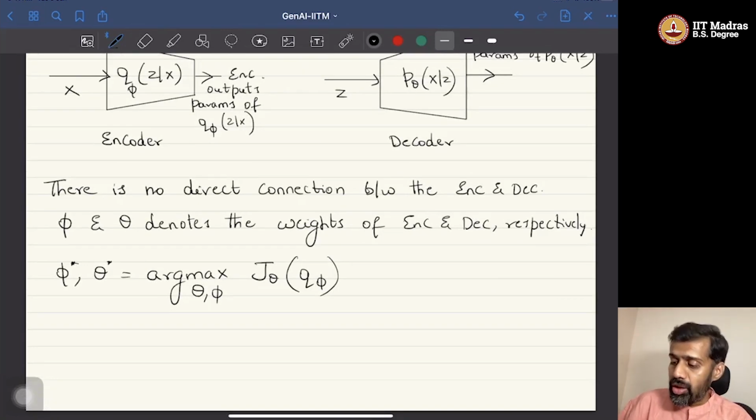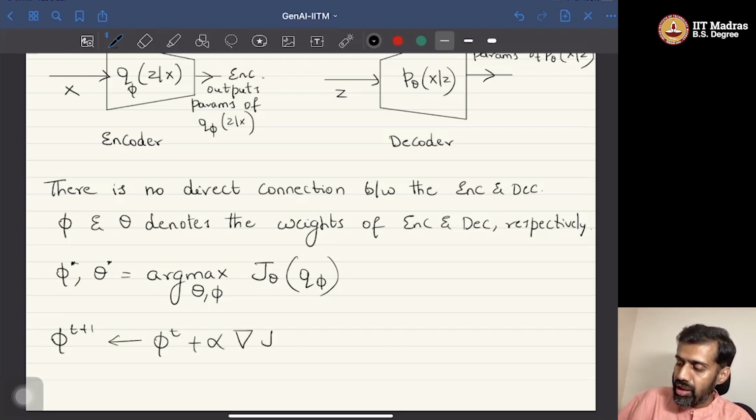To solve this optimization problem with neural networks, we use gradient descent, which is the back propagation algorithm. We have phi t plus 1 equal to phi t, and since we are solving a maximization problem, plus the gradient of the ELBO with respect to phi. This is one gradient step on the encoder parameters, and for the decoder parameters we do the exact same thing.